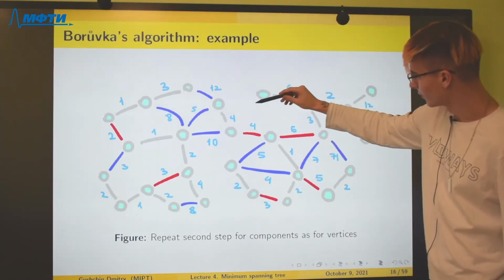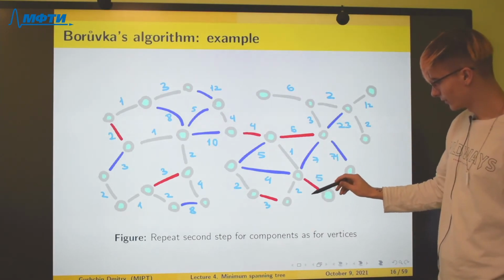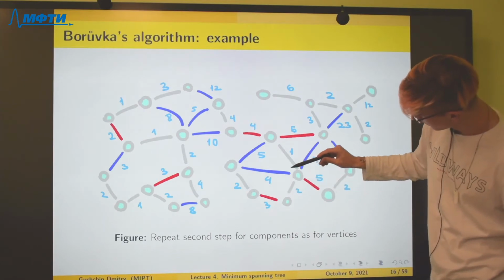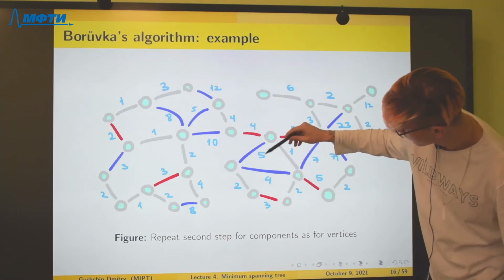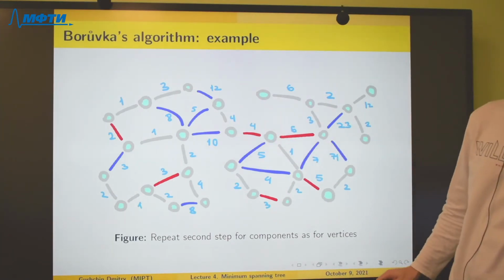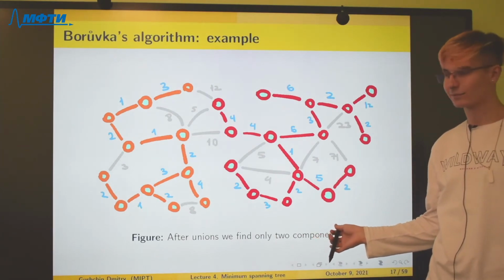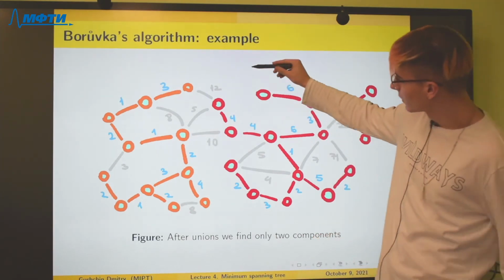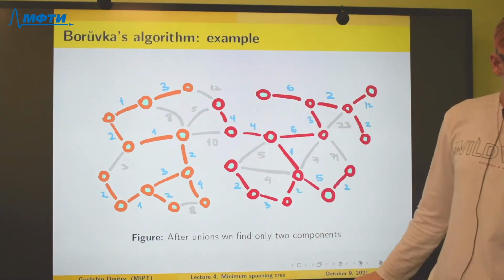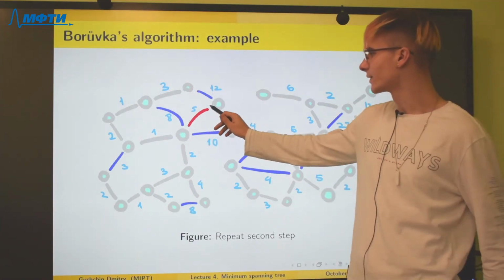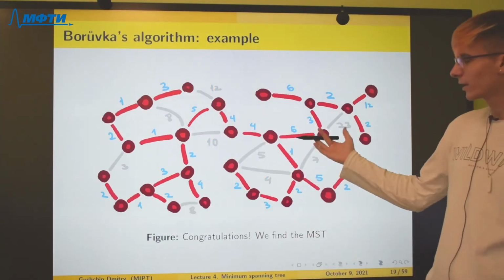This minimum for this cut, this minimum for this cut, this minimum for this component, for this component. So we get 2 components now. And then we have only one cut with the graph, and we find the minimum and add it and have a minimal spanning tree.